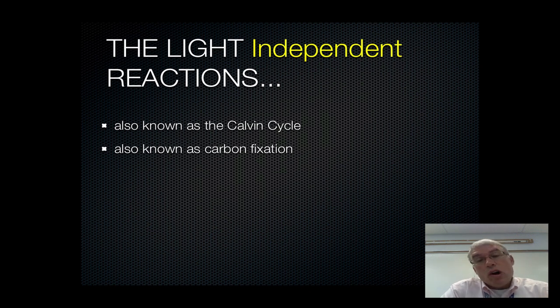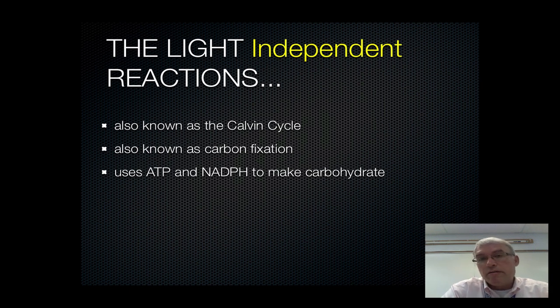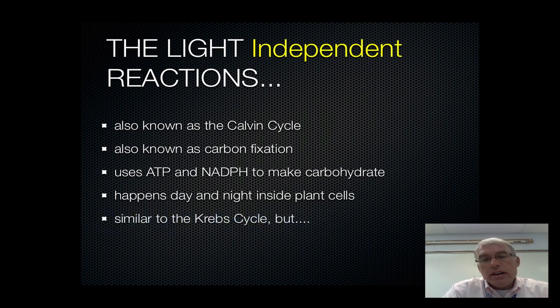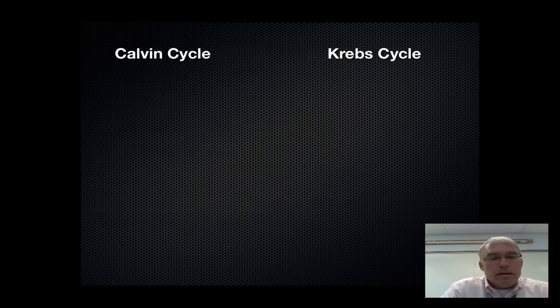It's also known as carbon fixation because the light-independent reactions take carbon dioxide from the atmosphere, which is floating around free, and lock it in place in carbohydrate, which is a solid, something you can store. The light-independent reactions, otherwise known as the Calvin cycle, require ATP and NADPH to run and make carbohydrate. And as I said, they can happen day or night inside of plant cells. Similar to the Krebs cycle, but different in some important ways.